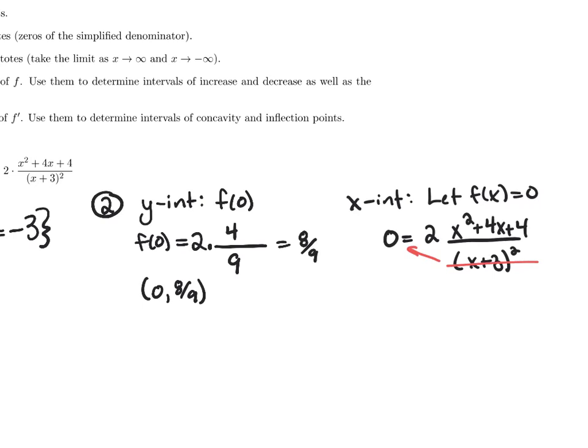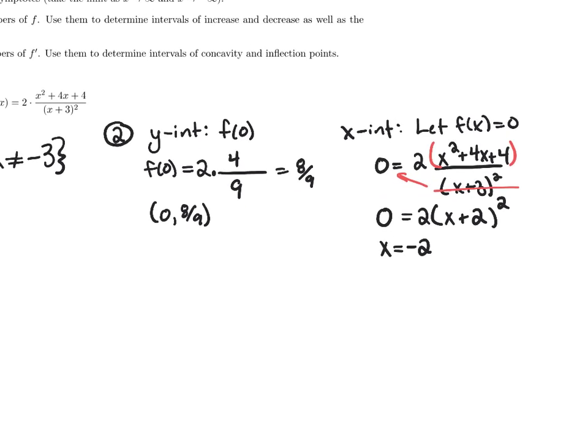I'm really just looking for the zeros of the numerator. So let's go ahead and factor: x squared plus 4x plus 4 is just the square of (x plus 2). And that gives us that x equals negative 2. So my x-intercept is (negative 2, 0).